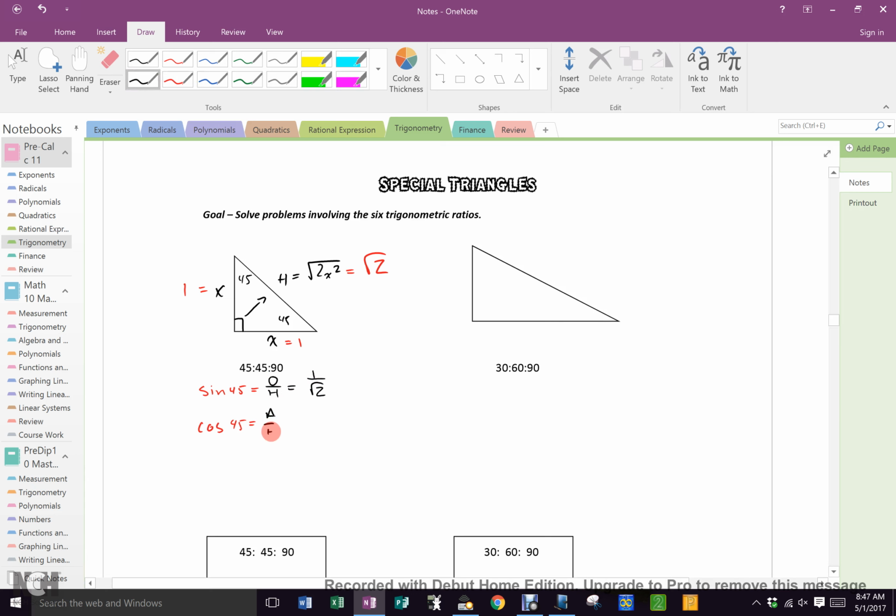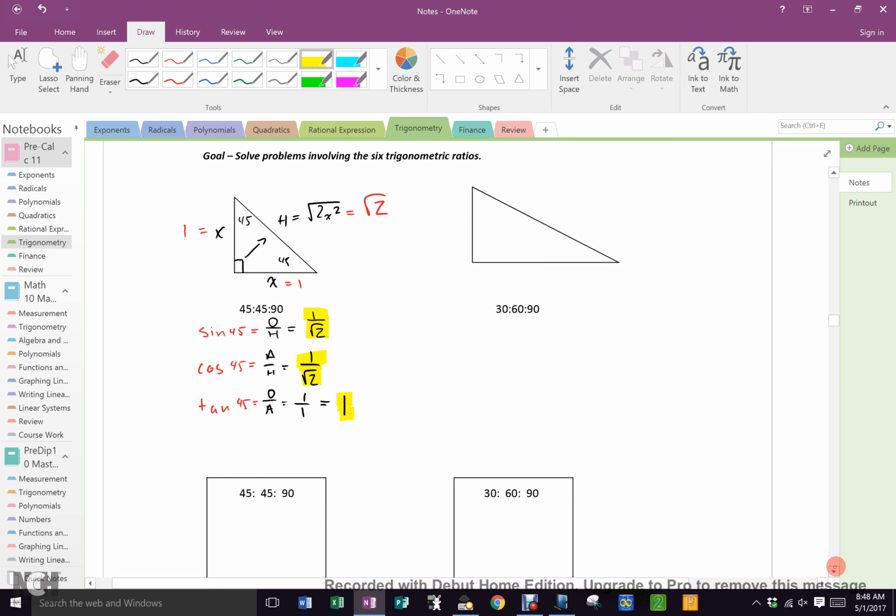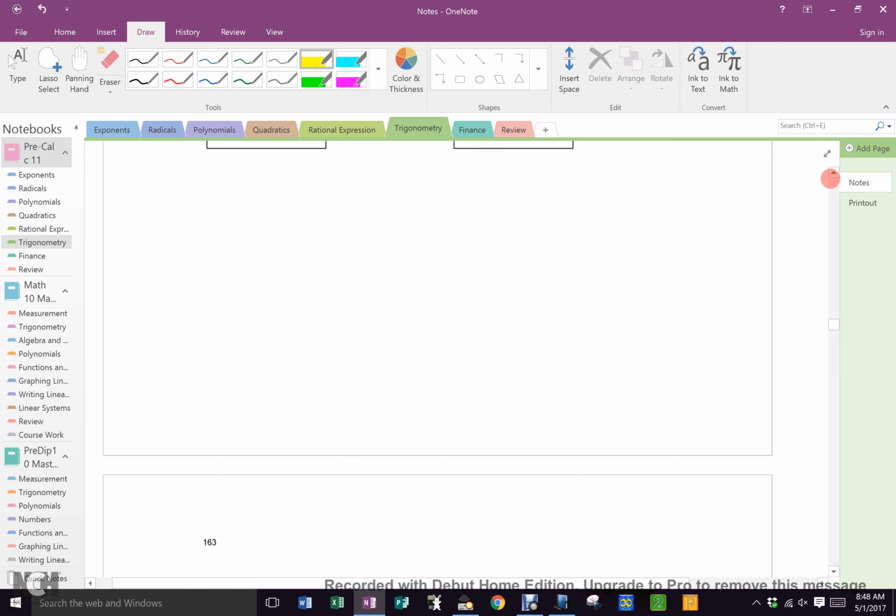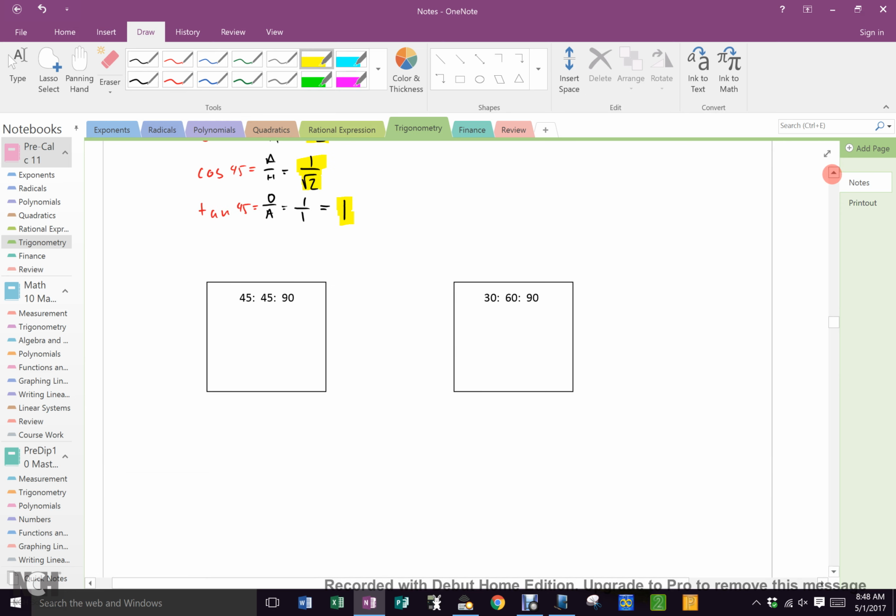Adjacent over hypotenuse, which is 1 over root 2. And what is the tan of 45? O over A, which is 1 over 1, which is 1. Now, you might be saying to yourself, what does this do for me? You're about to see. Okay? So everybody cool with this?